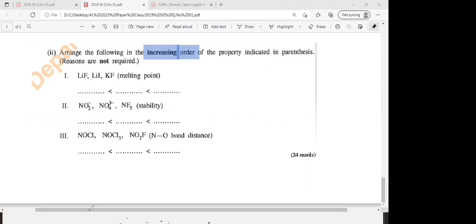Why does KF have the highest value? And out of these, which one has the lowest? LiI, lithium iodide.